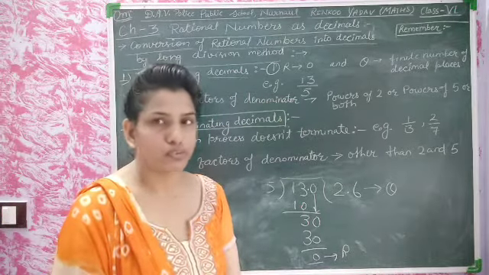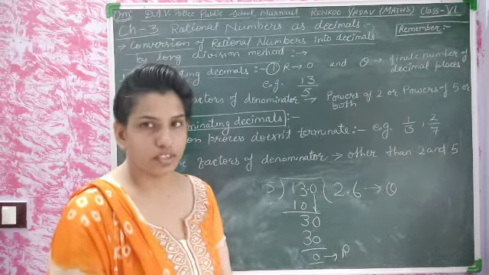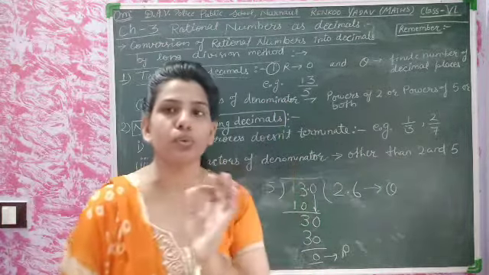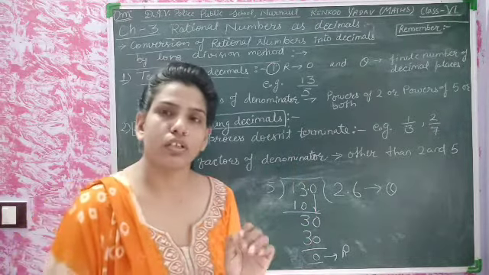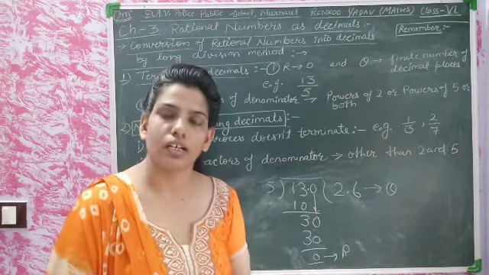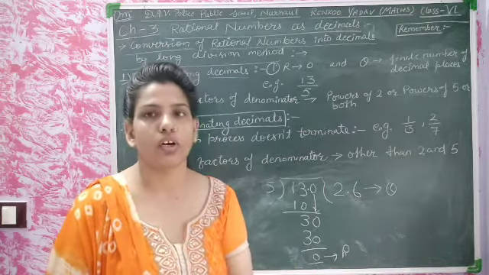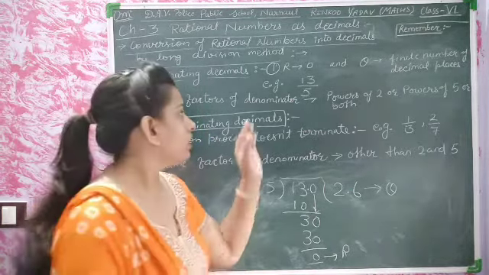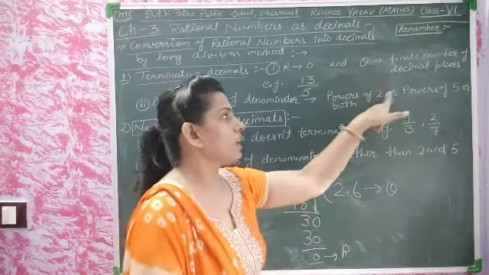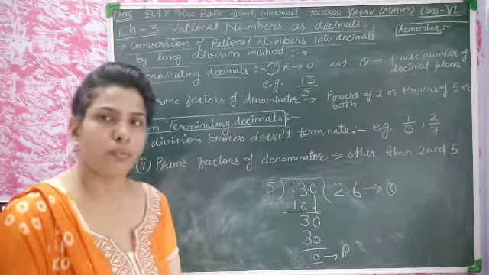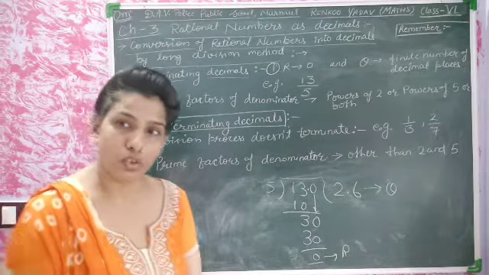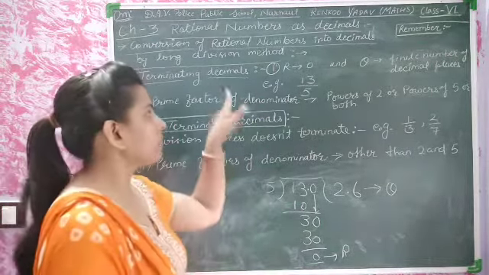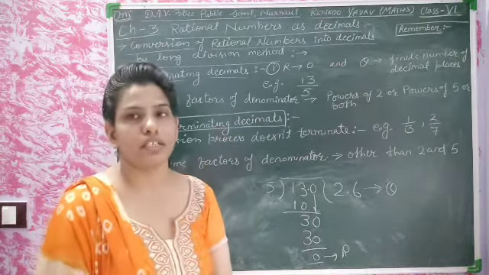Here the denominator is 5, only 5. If the prime factors of the denominator are only 2 and 5, or powers of 2 or powers of 5, or both, then that number is always a terminating decimal.